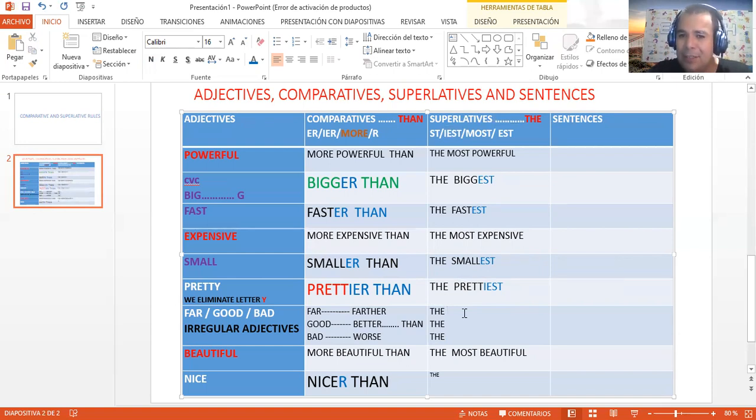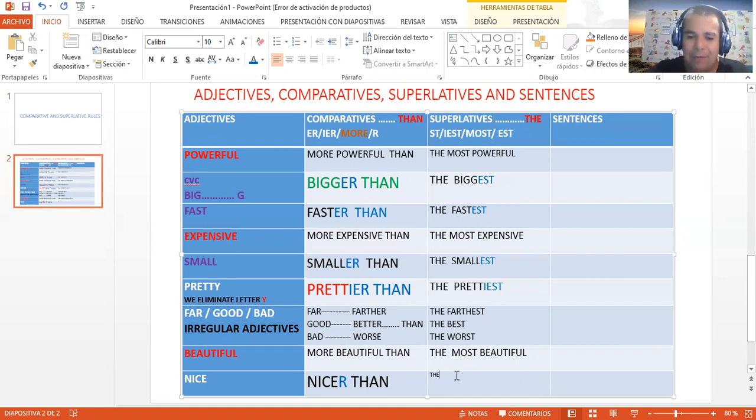And remember, farther is going to change to the farthest. Better, in the superlative form, is the best. And worse, in the superlative form, is the worst. So that's the way that we change these irregular adjectives into the superlative form.